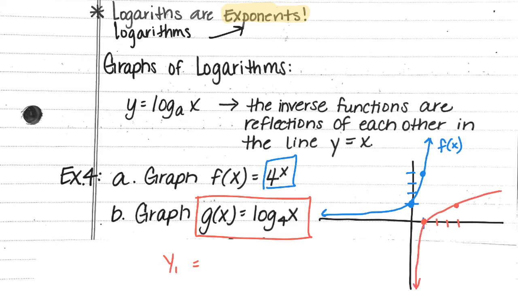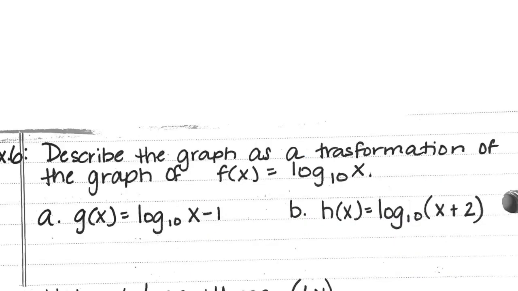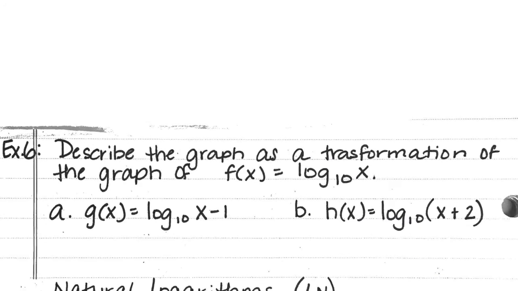Notice that this is a reflection over the line y equals x. So this line y equals x is just a reflection of the exponent to the logarithm. So the red one is the g of x, the logarithm, and the blue one is the f of x, the exponent.